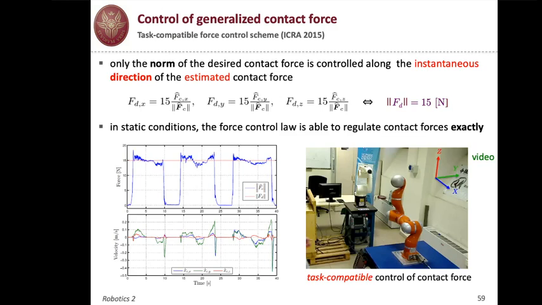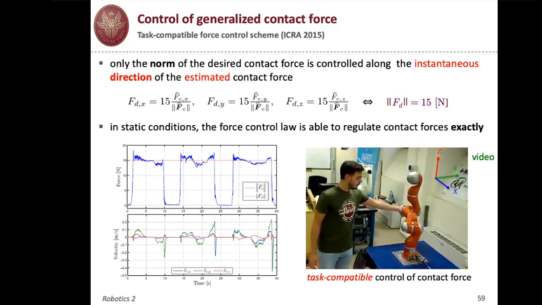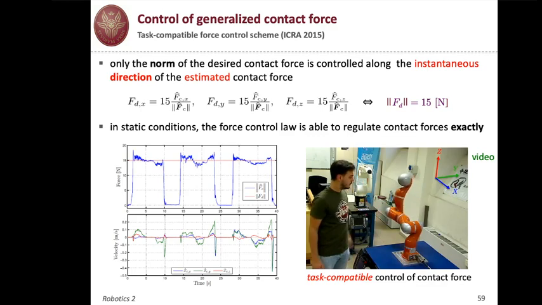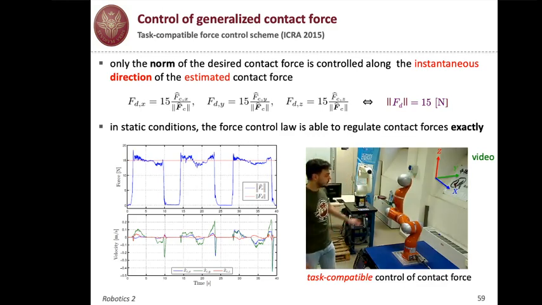So the method that we have developed for contact force identification estimates the direction and the intensity, and only in that direction regulation of the intensity will be achieved. So here you see the implementation. So Emanuele is pushing in some direction. It's not relevant which, but in that direction where he's pushing, the robot is reacting with 15 Newton until it regulates this value.